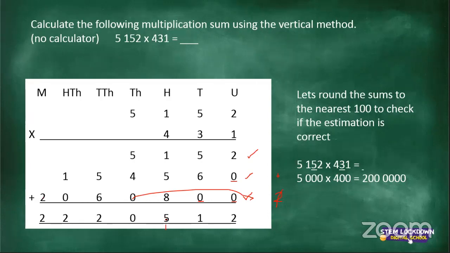So can you see how I didn't just add 8 plus 5 plus 1? I just went the easy way. 8 plus 1 is 9. 9 plus this 1 is 10. 10 plus that 5 is 15. So we put our 5 here and we carry our 1. So if you're going to do it the easy way, you must just remember not to forget any number when you're adding.